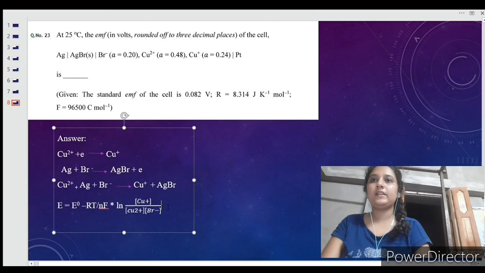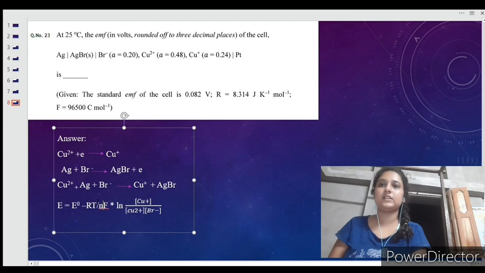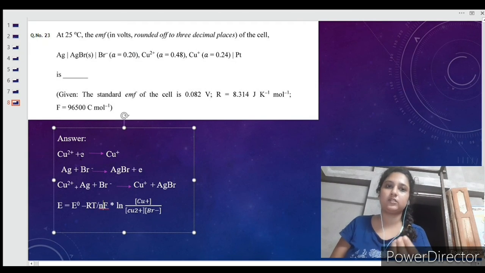Here E0 is given. E0 is the standard EMF of the cell, that is 0.082. n is the number of electrons transferred in the reaction. Here n is equal to 1, because one electron is involved in the reaction. The R value is given. T is 25 degrees Celsius, that is 298 Kelvin.